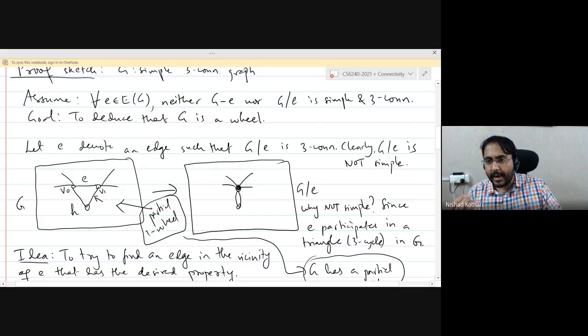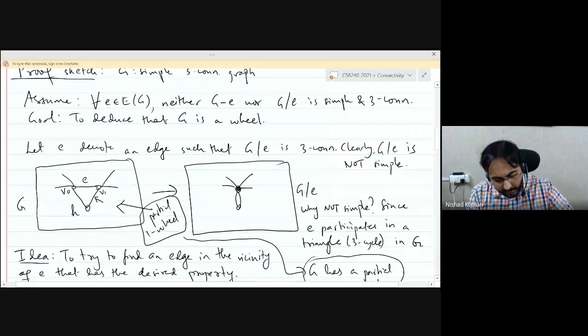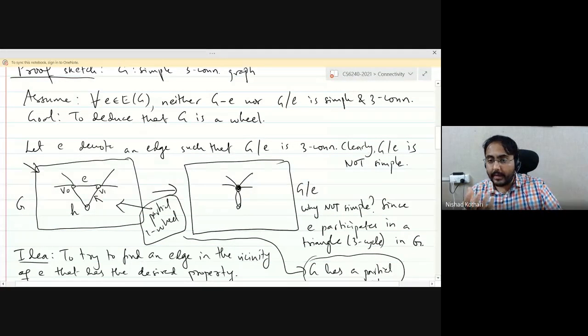So how can you contract an edge and get multiple edges? Well, we observed in this drawing here that the only way this can happen is if the edge you contract, let's say V0, V1, has ends with a common neighbor. In other words, the edge belongs to a triangle or a 3-cycle. So there has to be this situation.